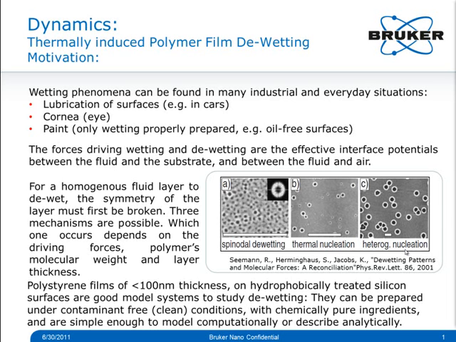Thermal nucleation only occurs on very thin, like a few nanometer, films and is caused by thermal fluctuations in the film. Heat is random motion. In a very thin film, this motion does not always average out, and holes can spontaneously form. Once the holes are there, they grow.